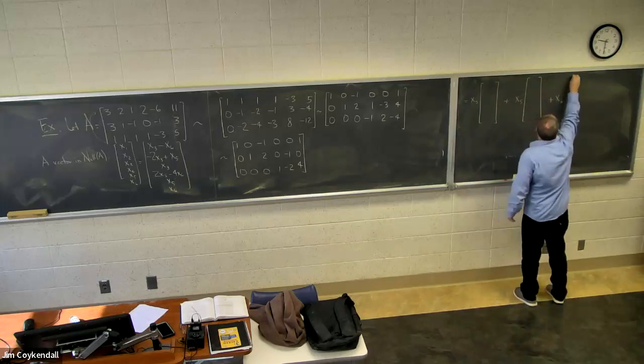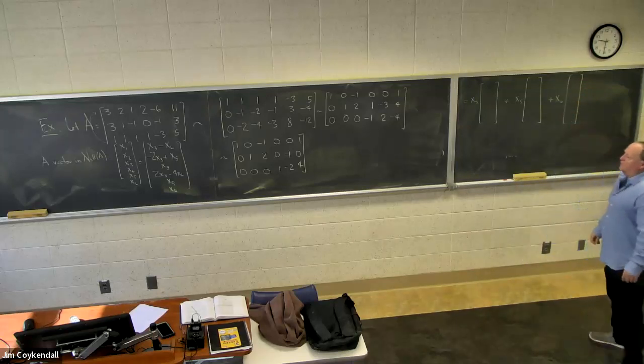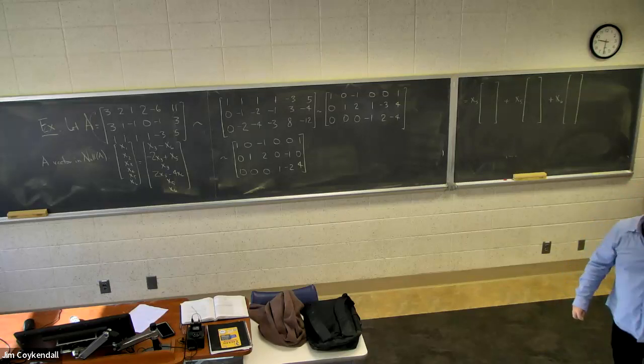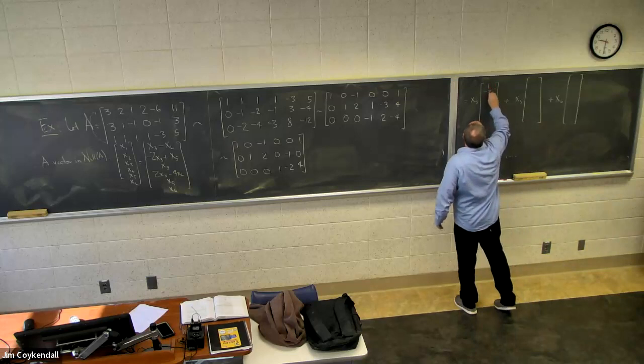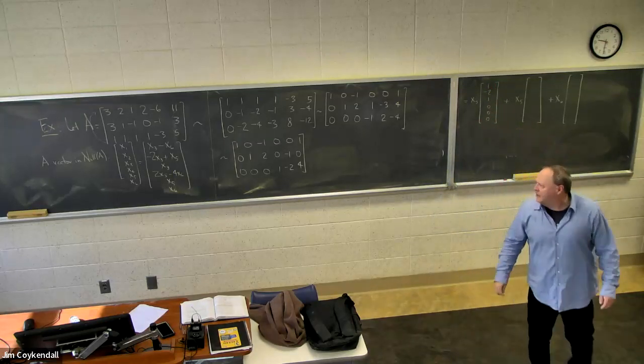In this case, x3, x5, x6. Can somebody tell me what the vector for x3 is? 1, -2, 1, 0, 0, 0. Agreed. Everybody see how you got that?